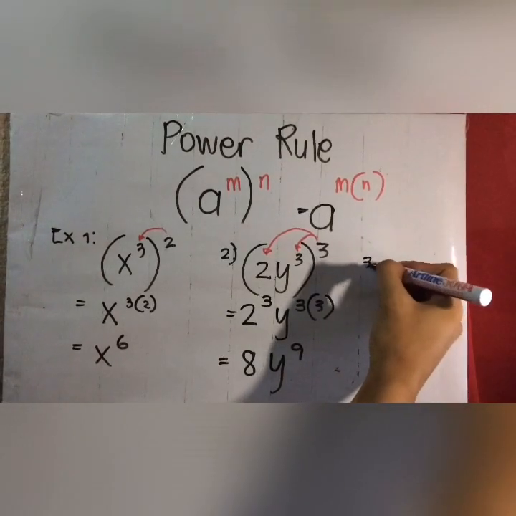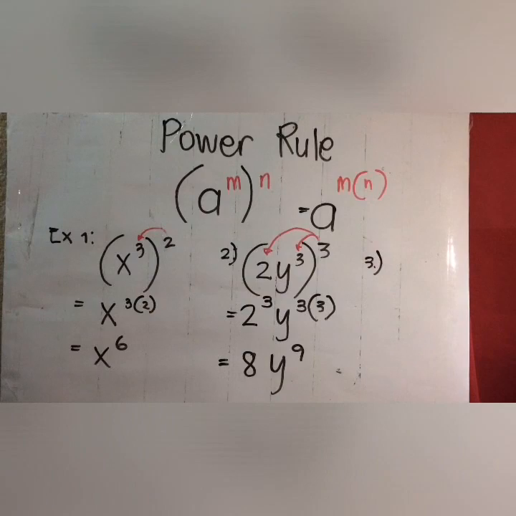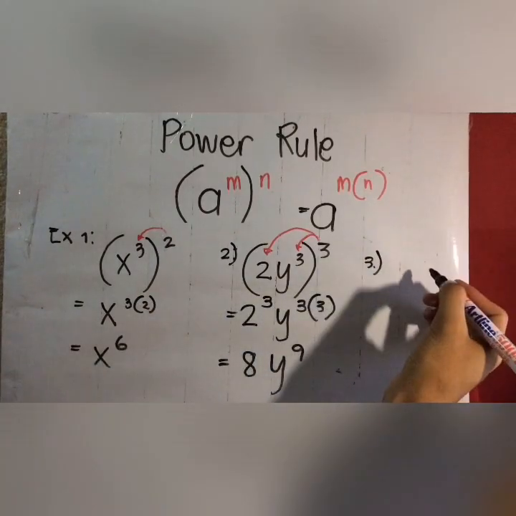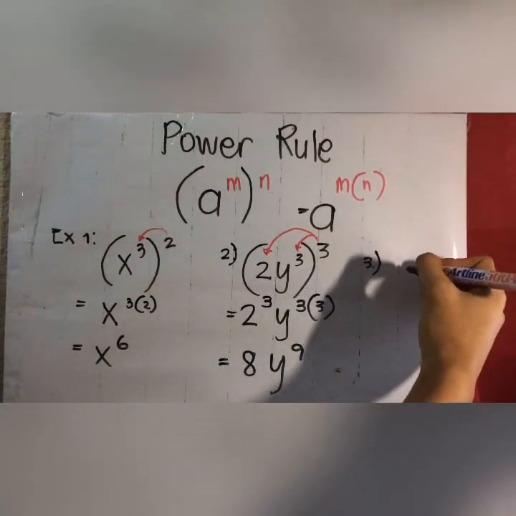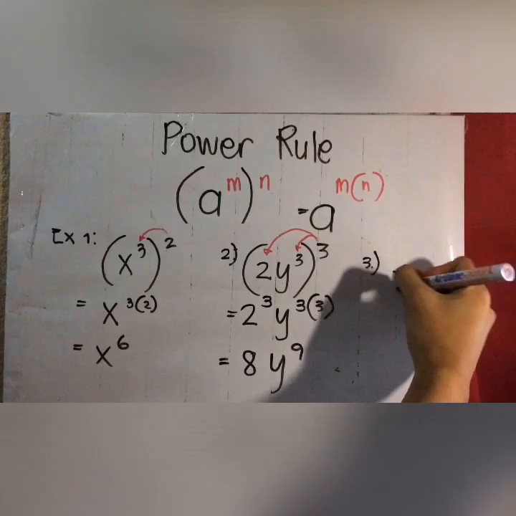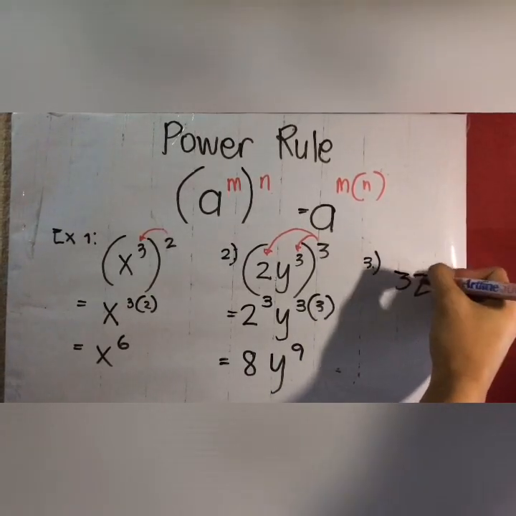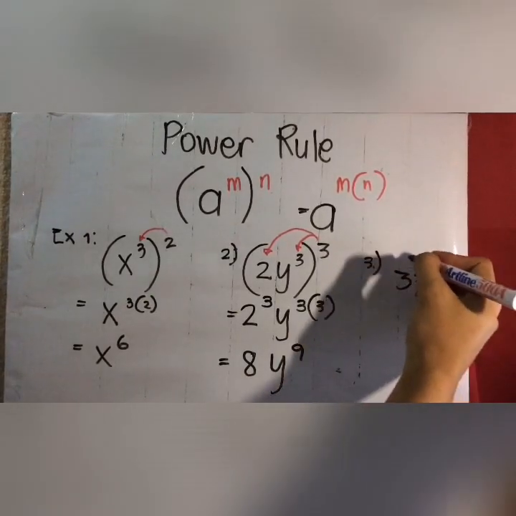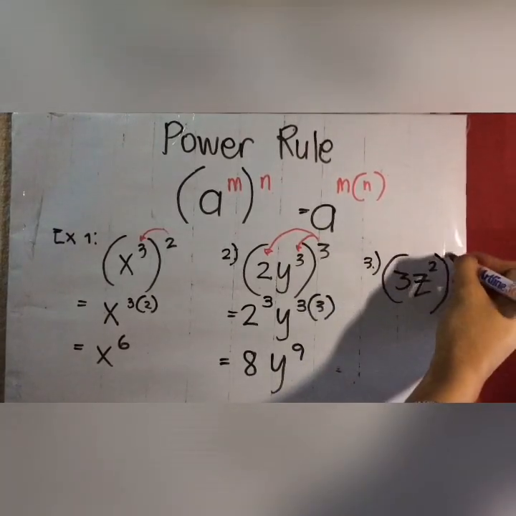So let's have some practice. You can work on it at home, wherever you are right now. So let's say 3z to the power of 2, powered by 2.